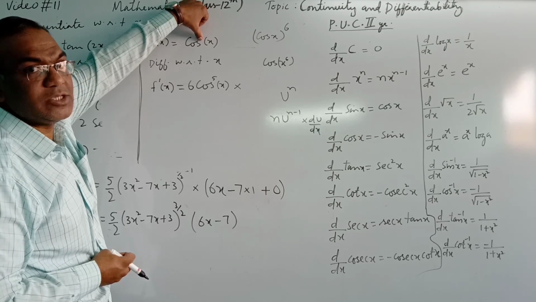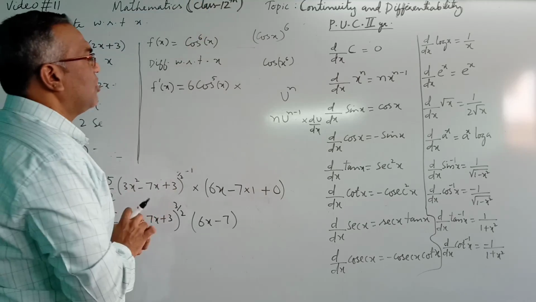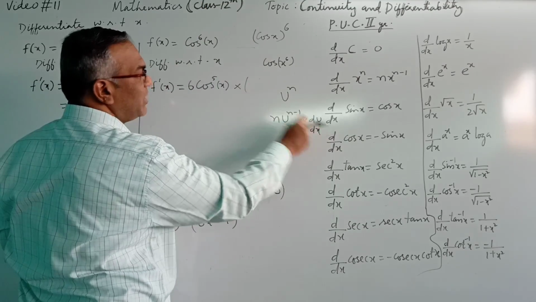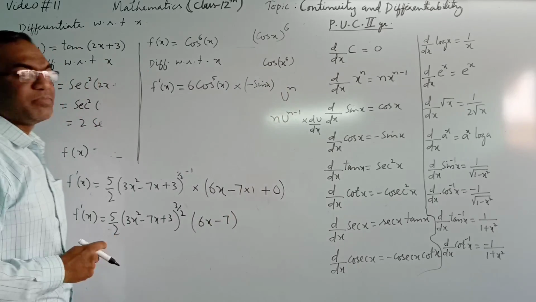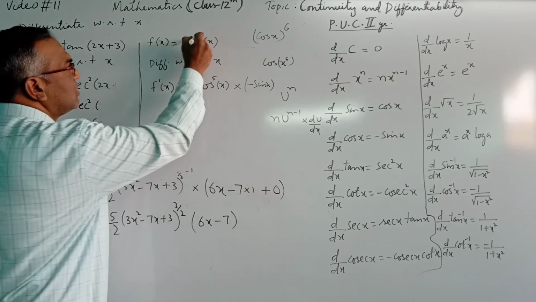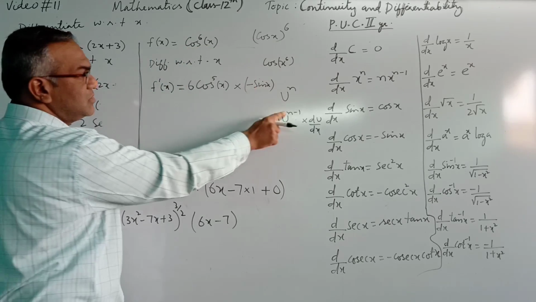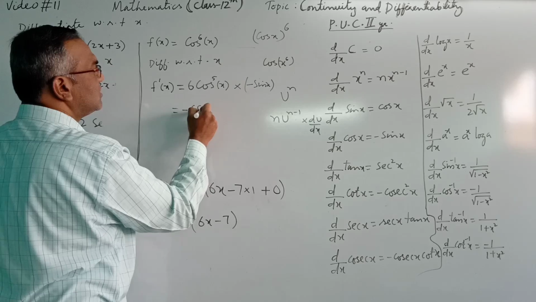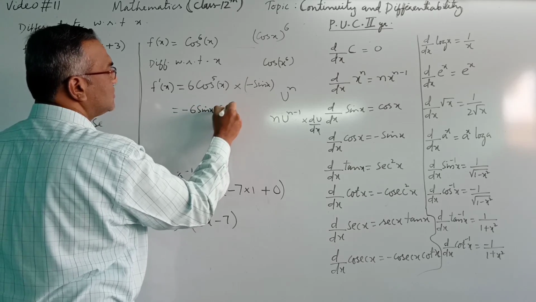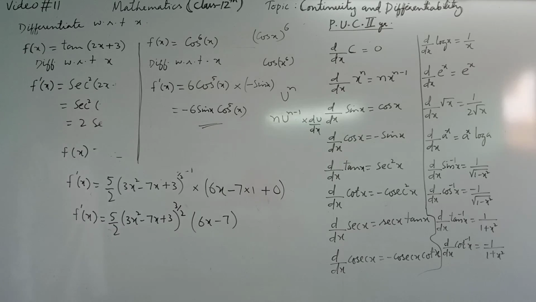Base is cos x, u is left, cos x is left. u is cos x here, right? What is the differentiation of cos x? du by dx, right? Minus sin x is the differentiation of cos x. We first differentiated the power. Then we differentiated the base. Just like this, that will be equal to minus 6 sin x cos to the power of 5x. This is the answer. This is how we solve it.